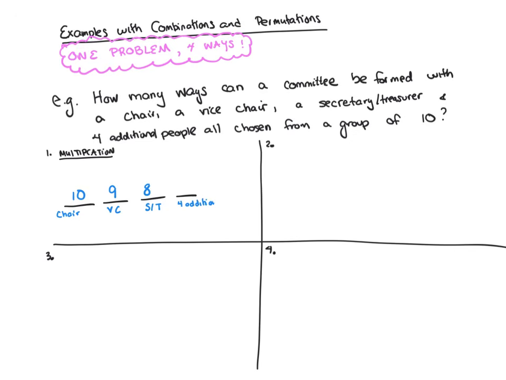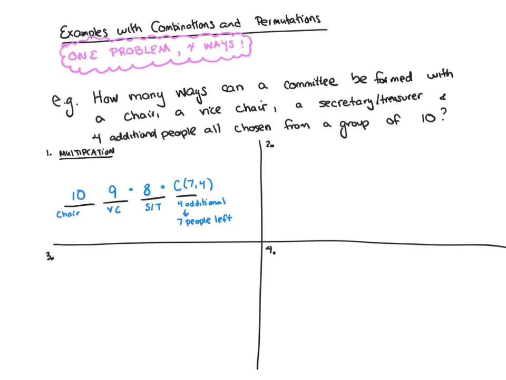When we're choosing this 4 additional, that's where it's a little interesting, right? So I have 7 people left, and I need to think of a way to be able to choose 4 out of that 7 where the order doesn't matter, right? That's exactly what a combination does. So the number of ways to take that 7 and choose 4 is just my C7 4.